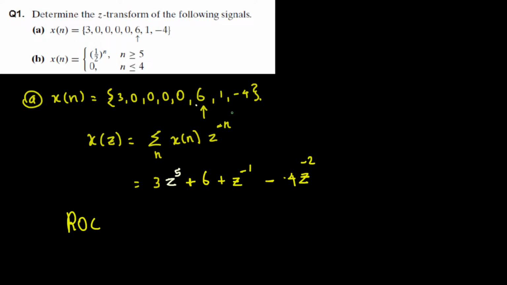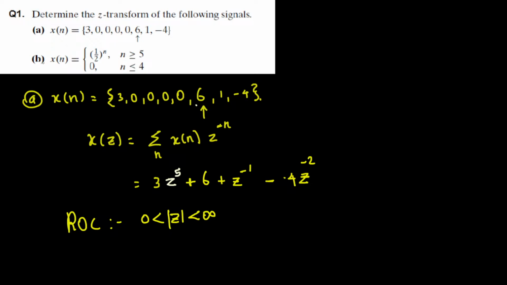The reason is, one of the properties of the region of convergence for the Z transform says that if x of n is a finite duration two-sided sequence, then its ROC is the entire Z plane except z is equal to 0 and z is equal to infinity. So in short form we can say the region of convergence is z greater than 0 and less than infinity, like this.